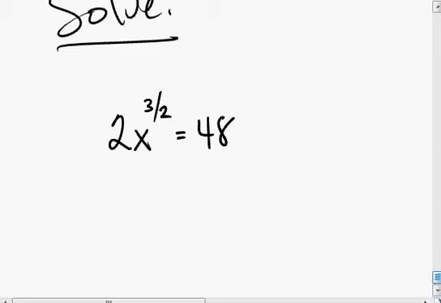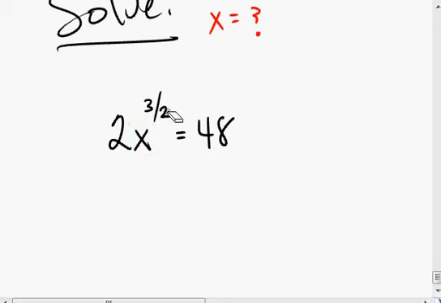So this question is asking us to solve, which is telling us to figure out what x could be that would make this equation true. What would I put in this box that'll make 48 over here?